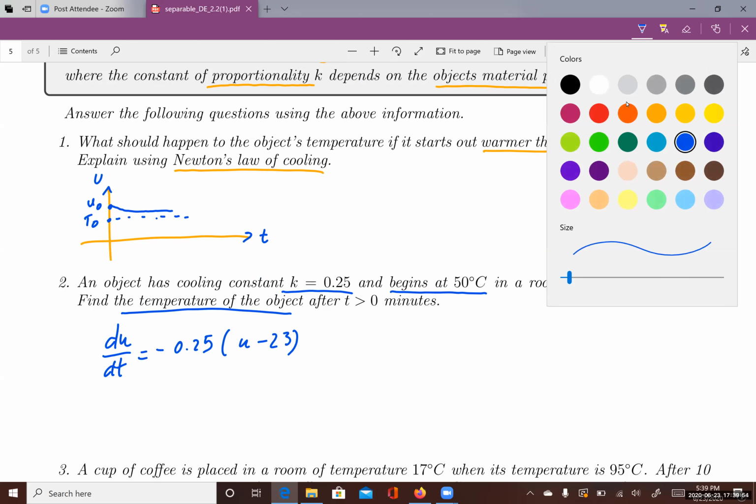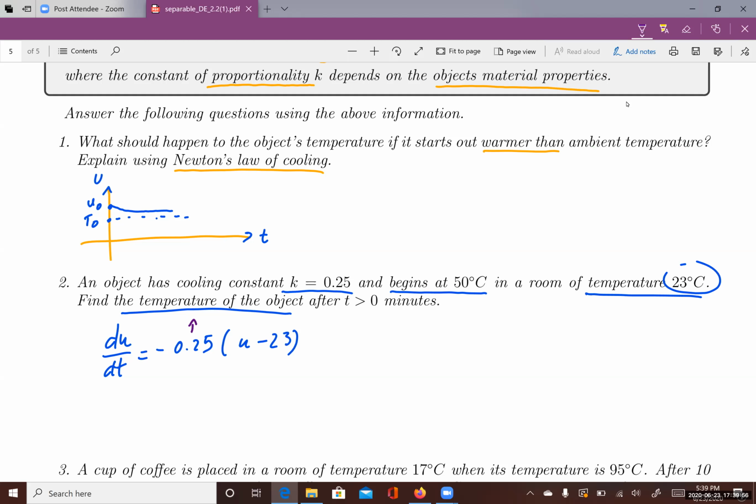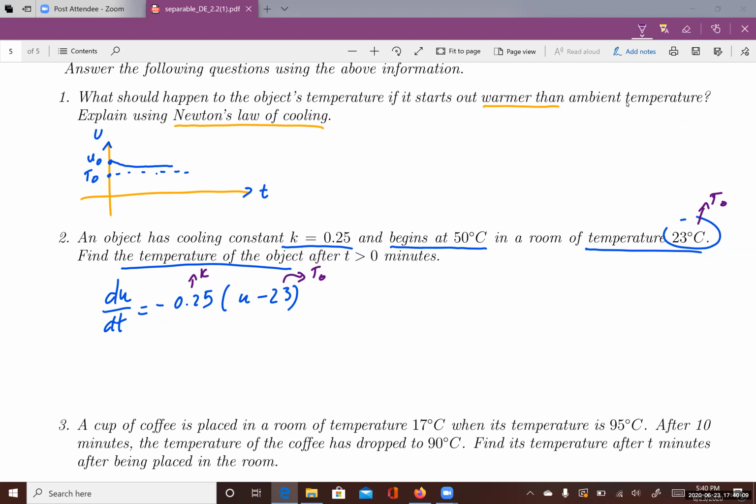Again, I'll show that this is k, and this is T0 right here. Okay. Once you set up a differential equation, the task now is finding U. So what is U? In order to solve for U, you look at this differential equation, it's just an equation in terms of U, right?